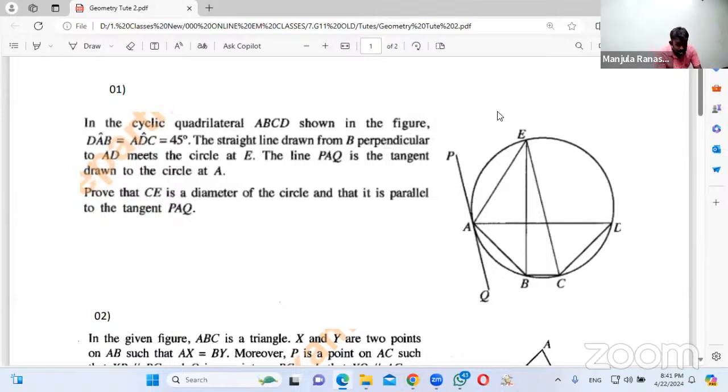I will draw the sketch for you. In the interim, you can read the question.